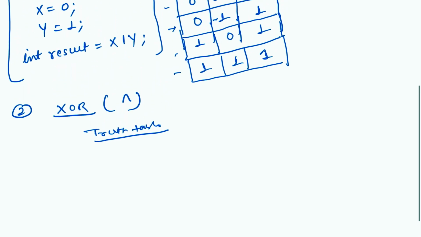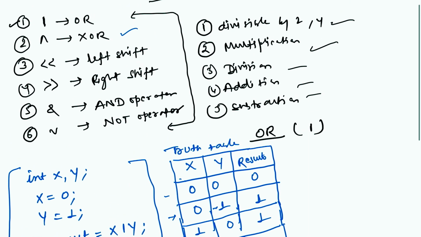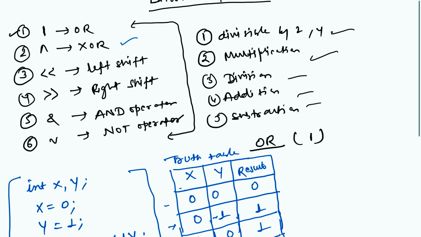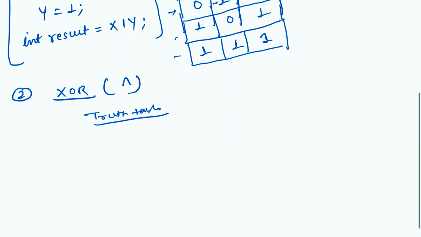But the purpose is that I am going to only discuss the basics, and then after that we will do more coding questions, so that we can understand the use of bitwise operators. And second, we will also discuss how we should use bitwise operators in our code, how it is optimizing our code if we are using bitwise operators. Those things I'm also going to discuss. So let's discuss one by one.